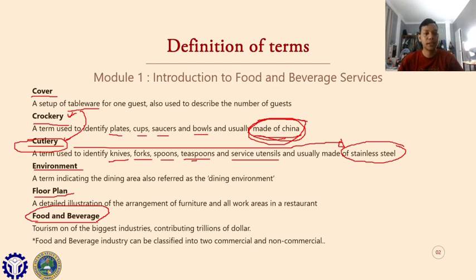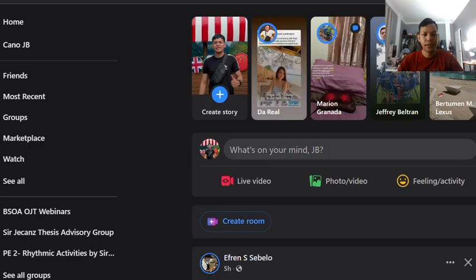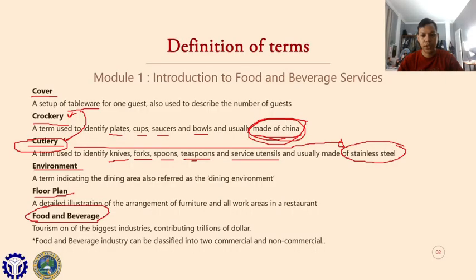Again, in a hotel, there is a department called food and beverage. And food and beverage has two main departments, the dining area and the kitchen.